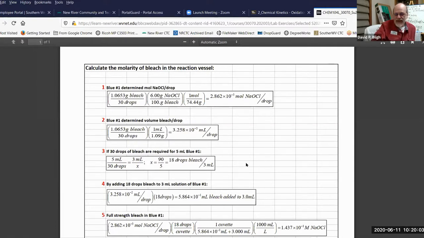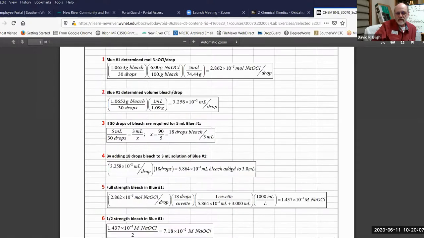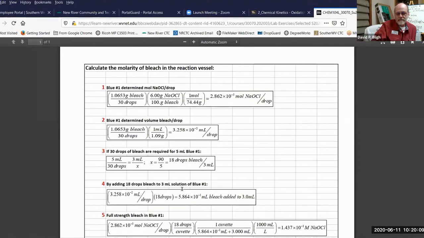So once you do that, then you can start determining the actual concentration. One other thing you do need is the mass of the bleach that you have in 30 drops.